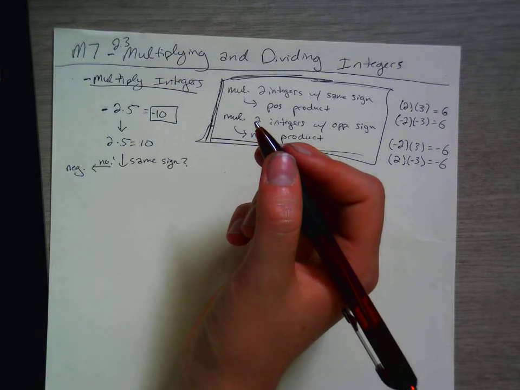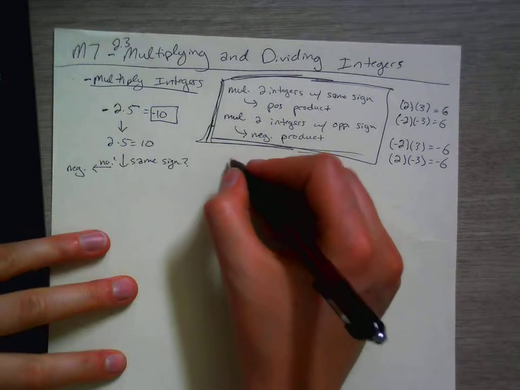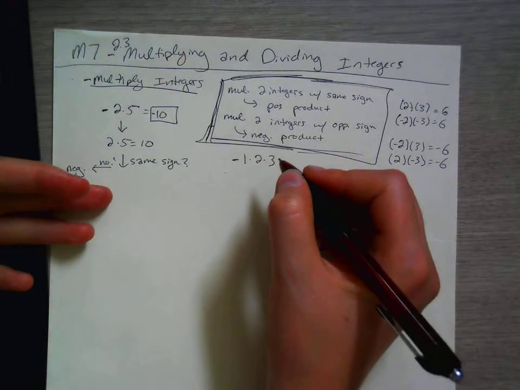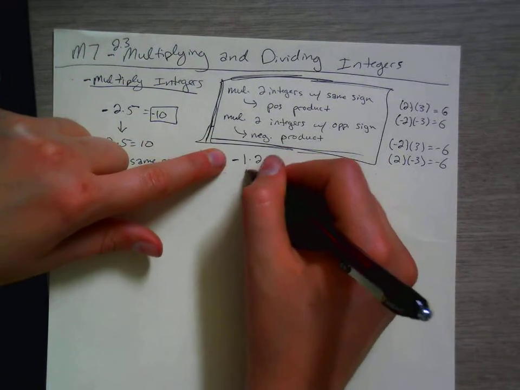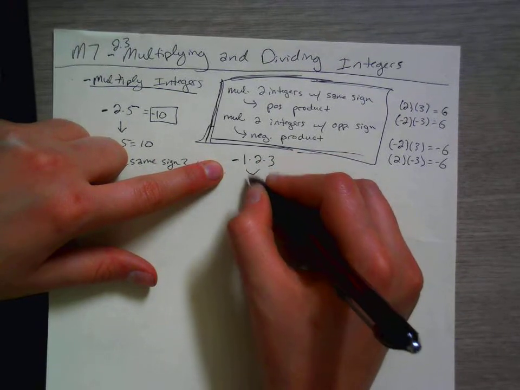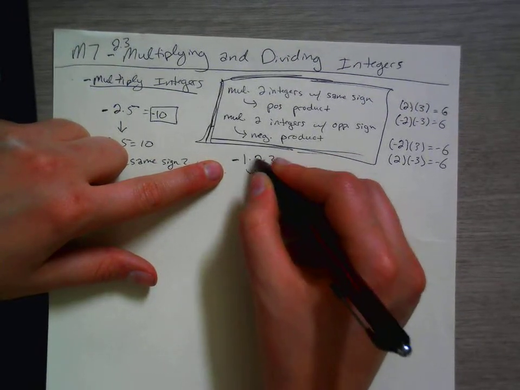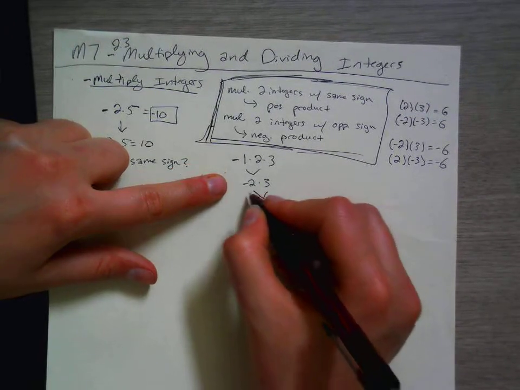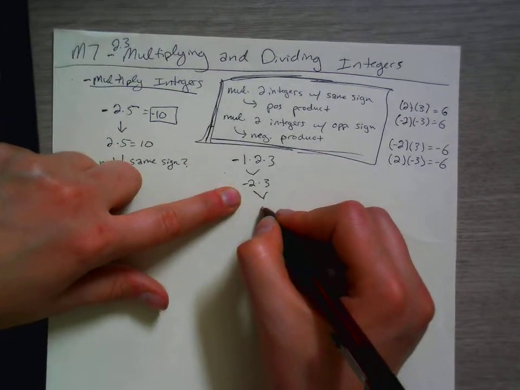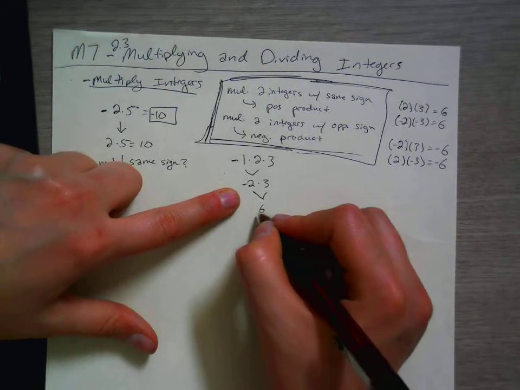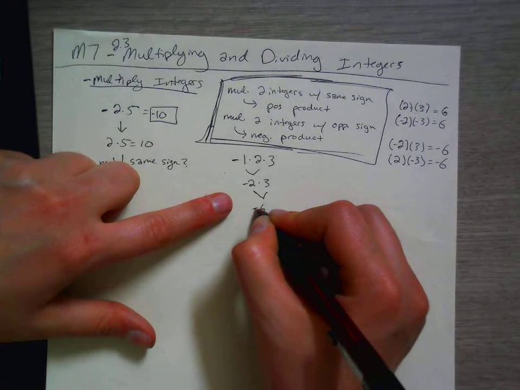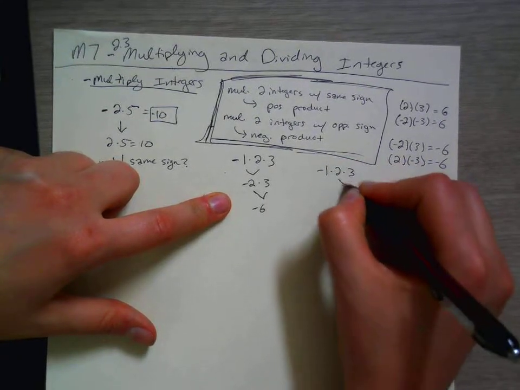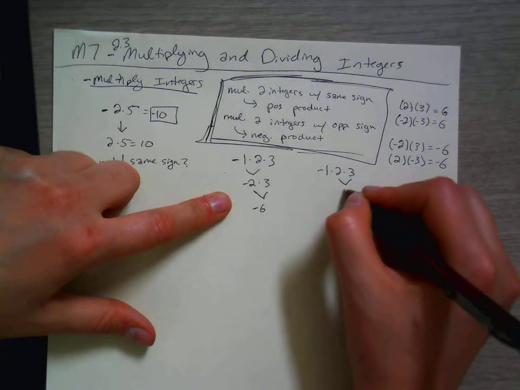So we could use a flowchart to determine negative 1 times 2 times 3. First, we will multiply these two together, and that becomes 1 times 2, which is 2. The signs are opposite, so it becomes negative times 3. Now 2 times 3 is 6. The signs are opposite, so it becomes negative. Or you could have done these two. The signs are the same, so it's positive.